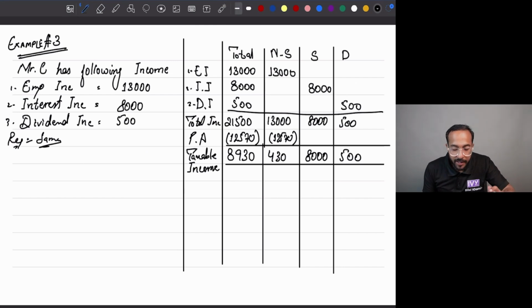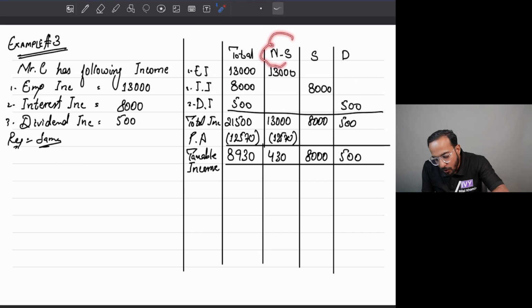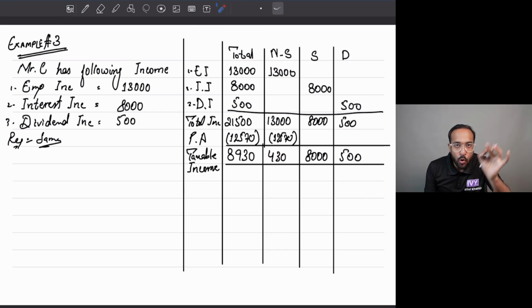This is a very tricky point. If your non-saving income is less than 5,000, then one more band will be open.